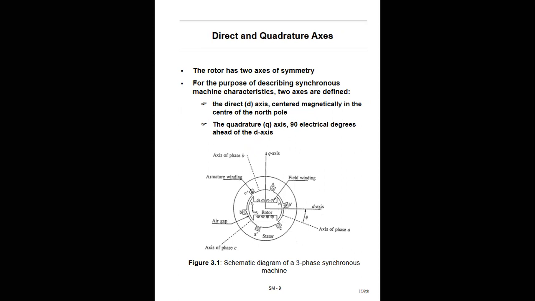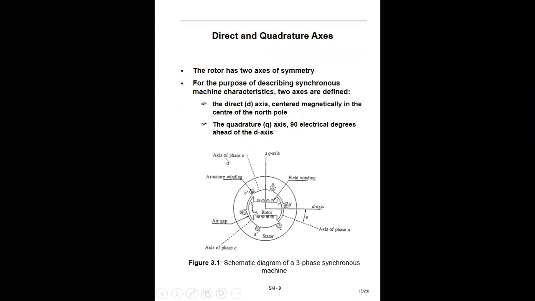Let's see about the direct and quadrature axis of synchronous generator. The rotor has two axes of symmetry. This is for analysis purpose. We have direct and quadrature axis. For the purpose of describing synchronous machine characteristics, these two axes are defined. The direct axis, that is the D axis, is centered magnetically in the center of the North Pole.